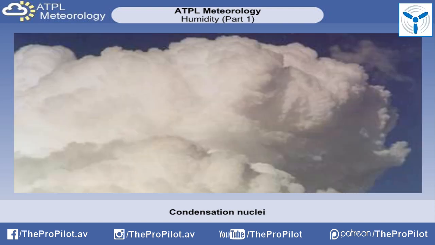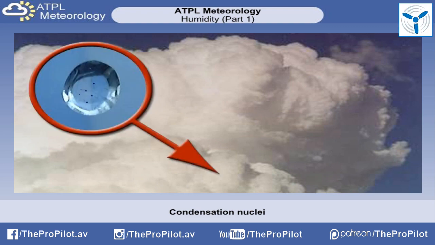As we have seen, condensation is said to occur when water vapour changes state into visible water, like dew, clouds and fog. But this process is actually quite complex. For condensation to occur, we need minute particles in the atmosphere for the water to form around.